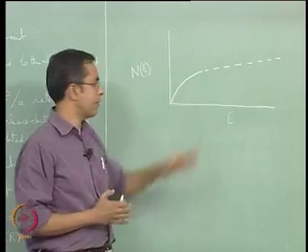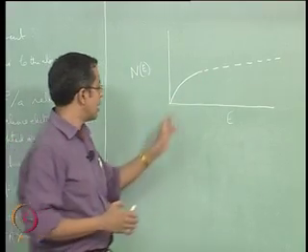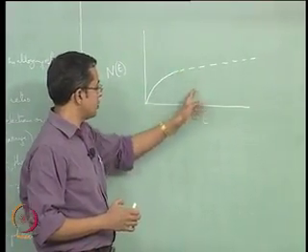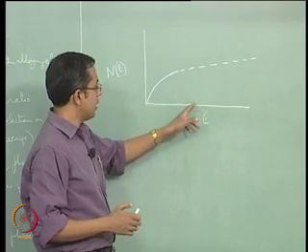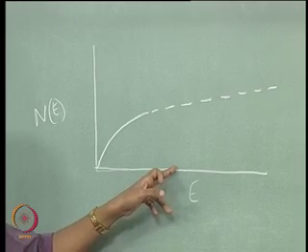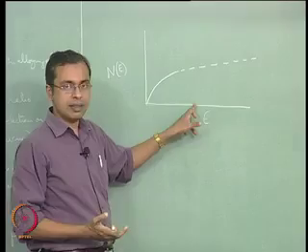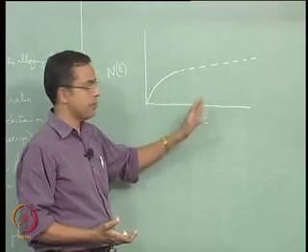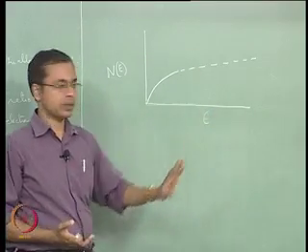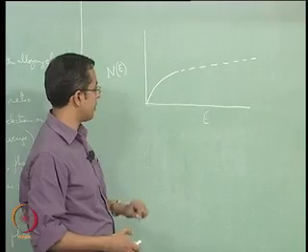So we have to include probability of occupancy here. If this were density of occupied states, this would drop abruptly down to 0 at the Fermi energy. On the other hand, if it were some other temperature, it will have some feature corresponding to how it drops to 0. So that is another parameter we have to add.